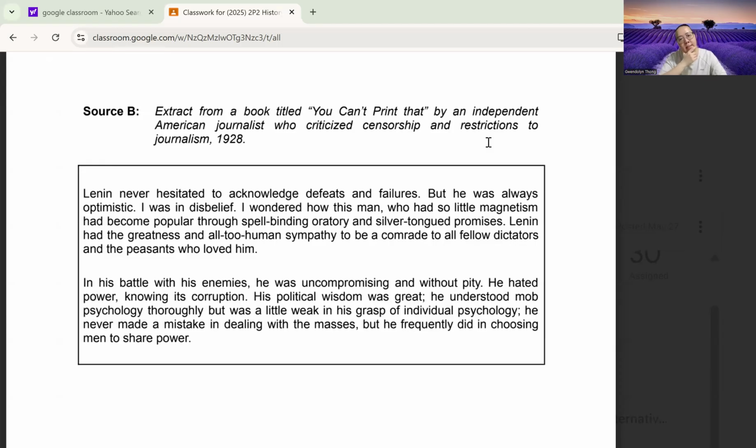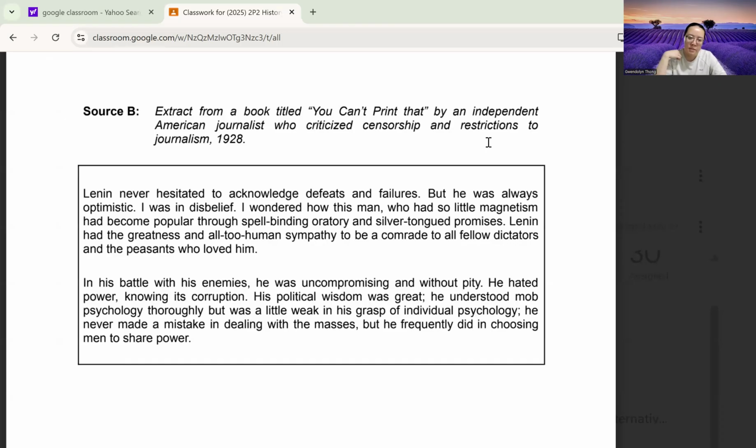Lenin never hesitated to acknowledge defeats and failures, but he was always optimistic. I was in disbelief. I wondered how this man who had so little magnetism had become popular through spellbinding oratory and silver-tongued promises. Lenin had the greatness and all too human sympathy to be a comrade to all fellow dictators and the peasants who loved him.